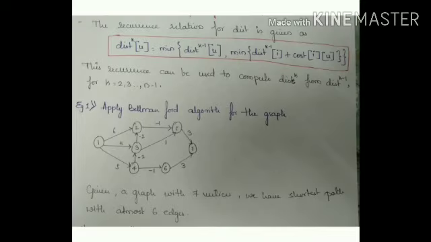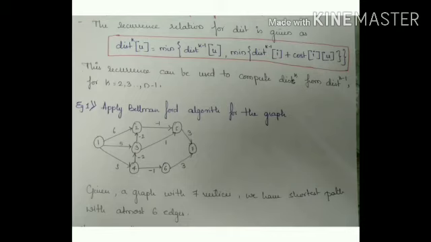So now the recurrence relation for Bellman-Ford's algorithm is given as dist of k u is equal to minimum of dist k minus 1 u comma minimum of dist k minus 1 i plus cost of i to u. So what is this dist array?